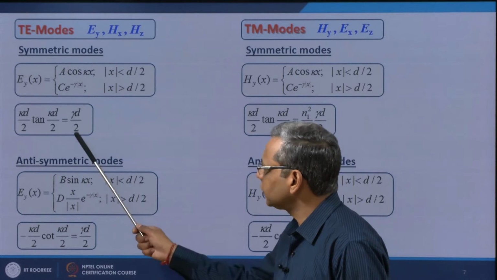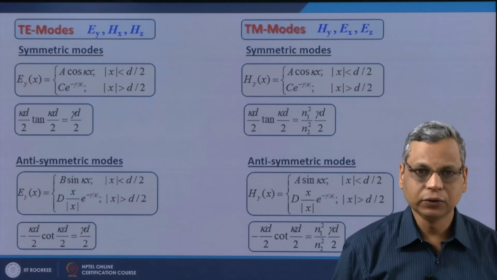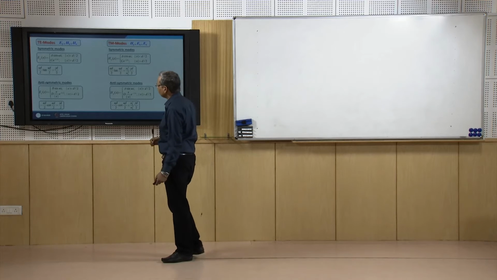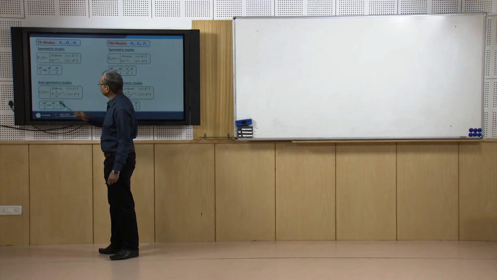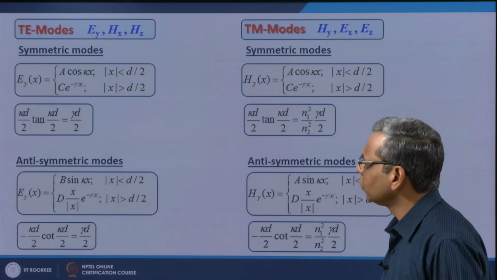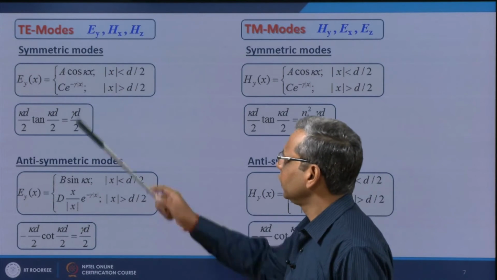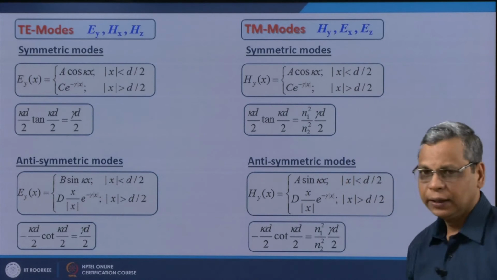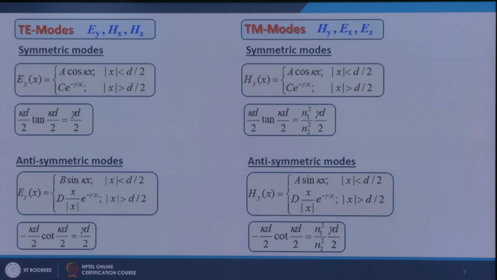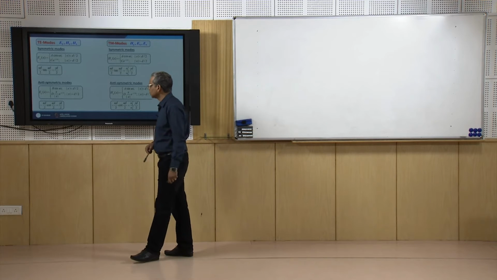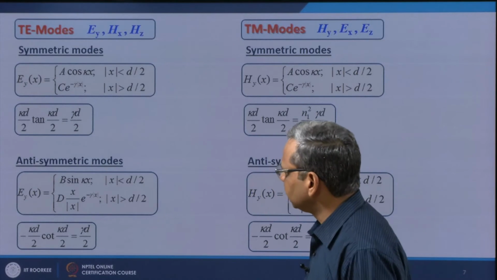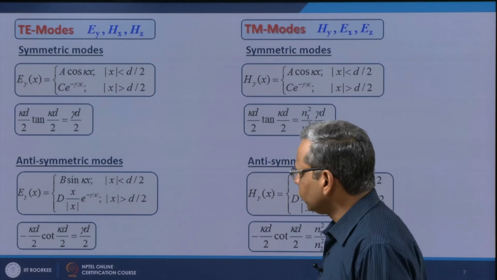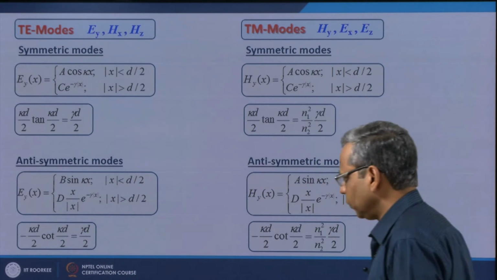So, we solve this transcendental equation, get the values of beta, which are the solutions of this equation, and for those values of beta I find out Ey. In this way I get the complete solution, the mode field profiles as well as the propagation constants. Similarly, for antisymmetric modes, this is the field solution and this is the transcendental equation.